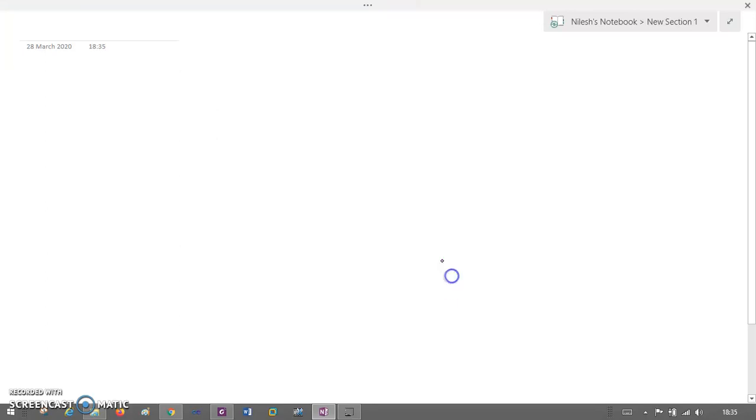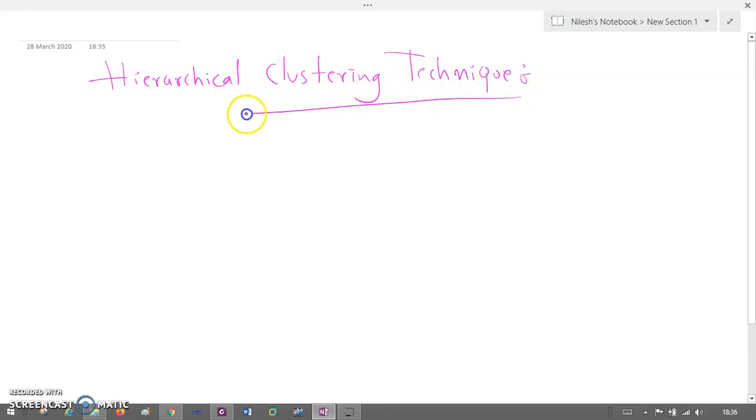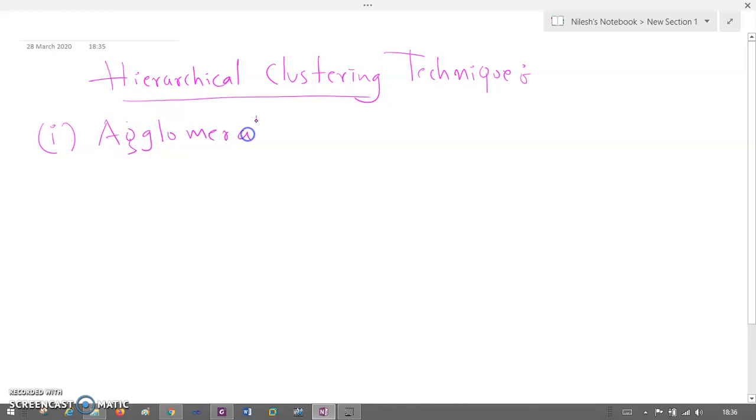The topic name is hierarchical clustering technique: one is the agglomerative technique and another one is the divisive technique. These are the two techniques that we will understand.